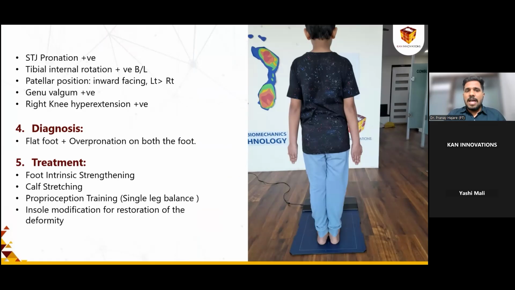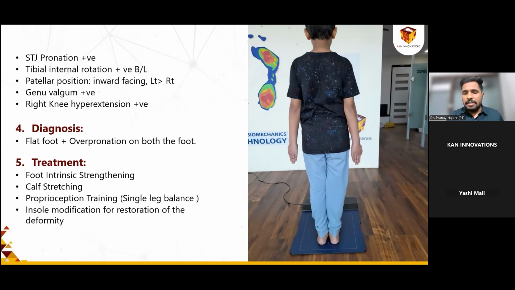The patient had genu valgum and right knee hyperextension. So the diagnosis was flat foot with bilateral overpronation, for which we started treatment with foot eccentric strengthening, calf stretching, proprioception training like single leg stance, and insole modification for correction of the deformity.